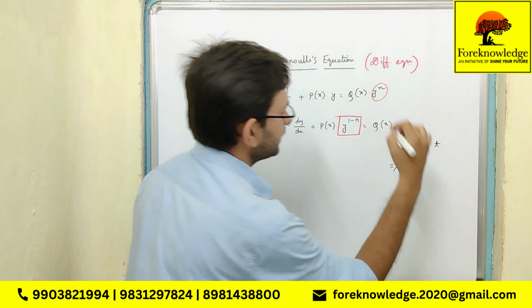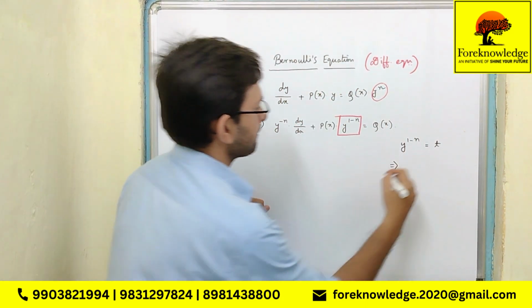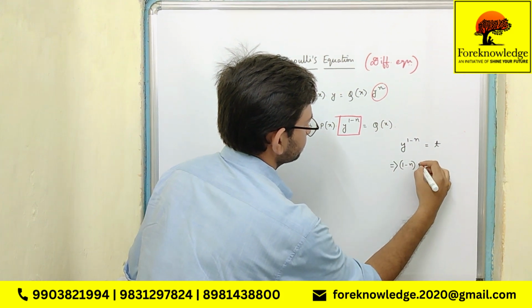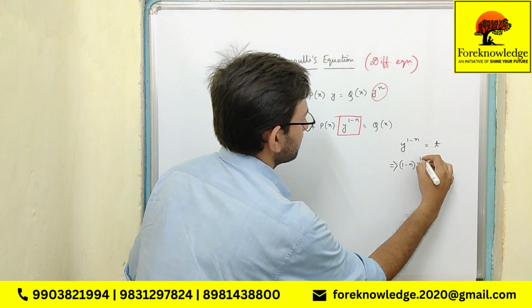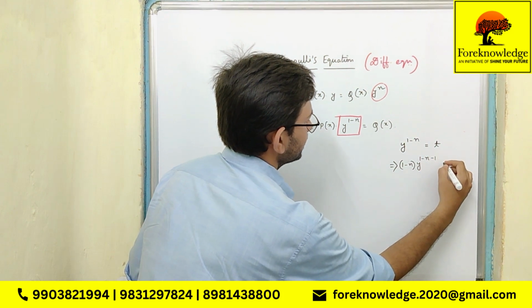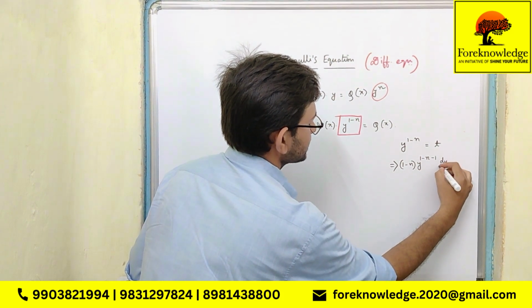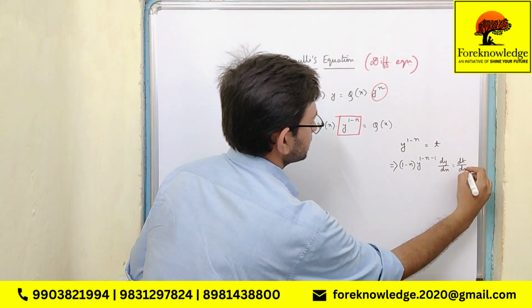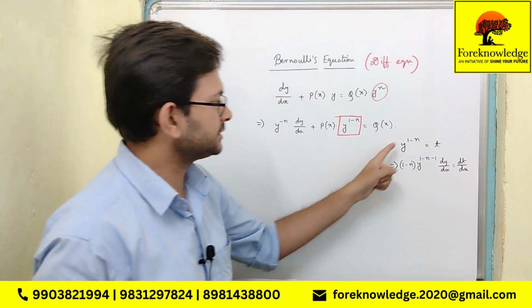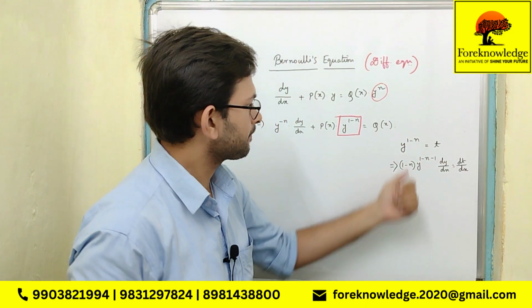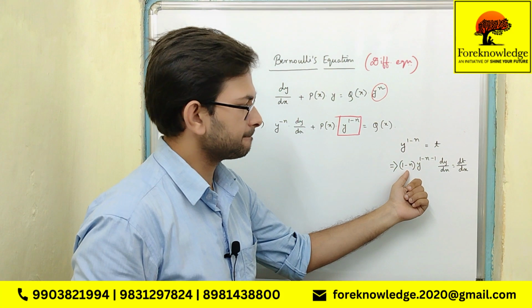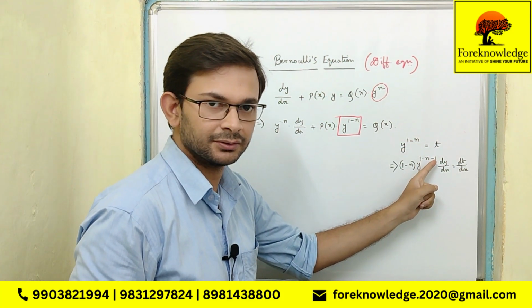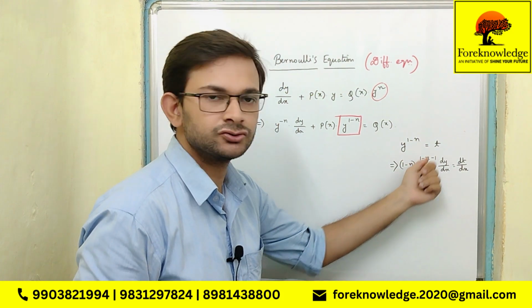So what is the derivative with respect to x? 1 minus n into y to the power 1 minus n minus 1 into dy/dx equal to dt/dx. Just differentiate both sides with respect to x. I am applying the formula for the derivative of x to the power n, n x to the power n minus 1.